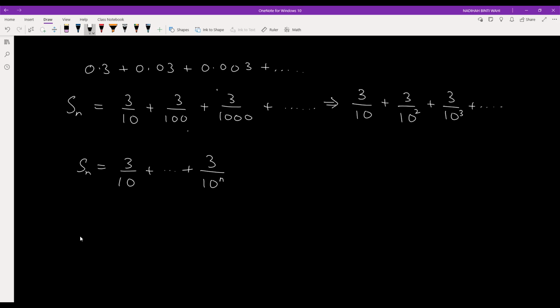Okay, so how to find this? I want to find the limit.